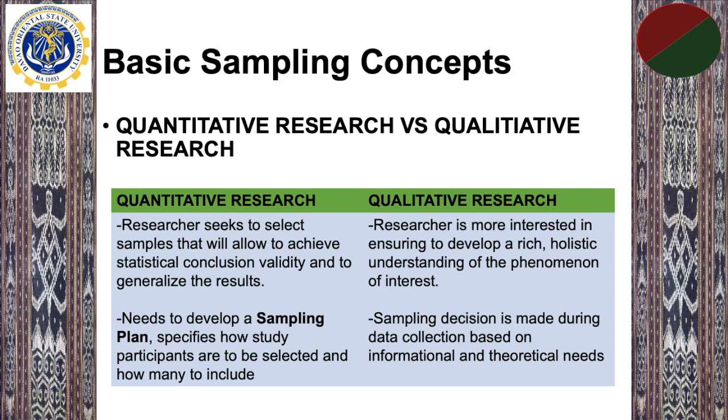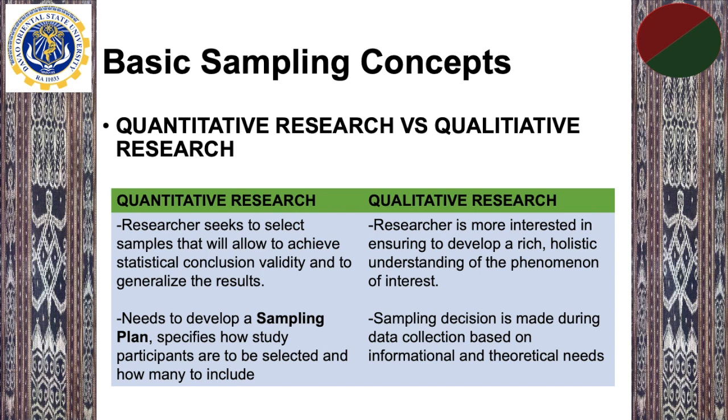Before we discuss the basic sampling concepts, let's first differentiate quantitative research from qualitative research. In quantitative research, the researcher seeks to select samples that will allow achieving statistical conclusion validity and to generalize the results.